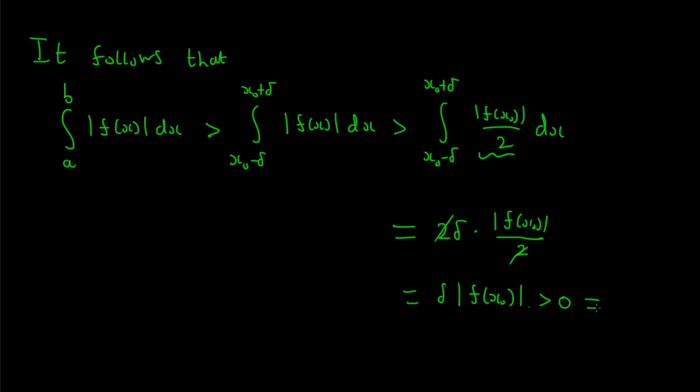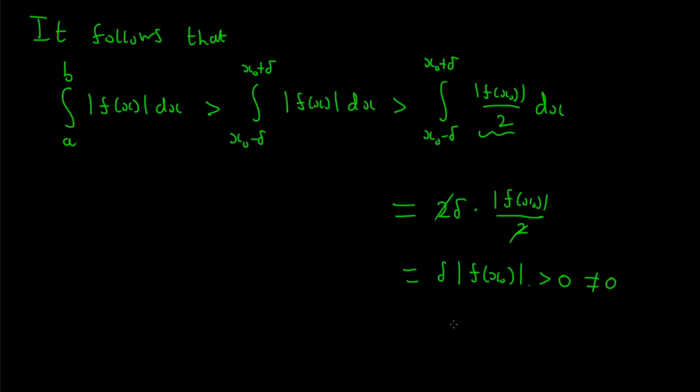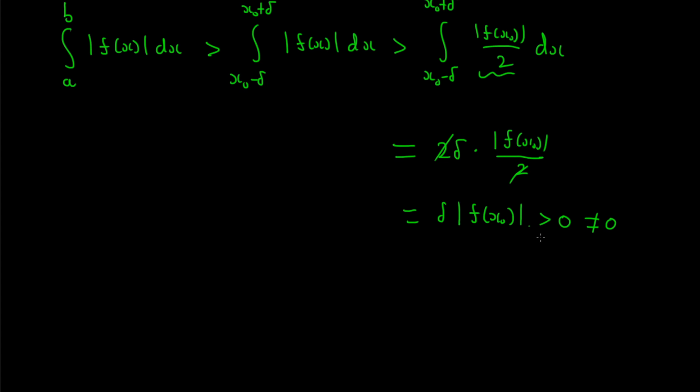But that isn't 0 then, is it? It can't be both greater than 0 and also equal to 0, when this is a strict inequality. Right, so then this is a contradiction. So f of x naught equals 0 for every x naught in open (a, b).